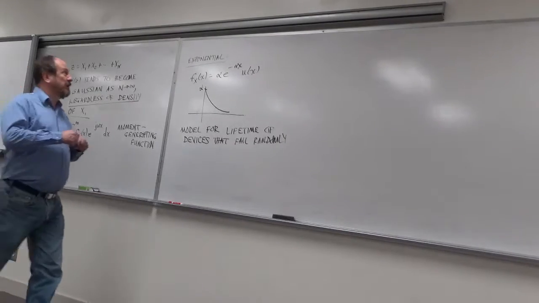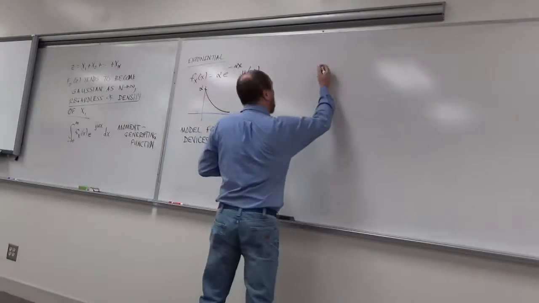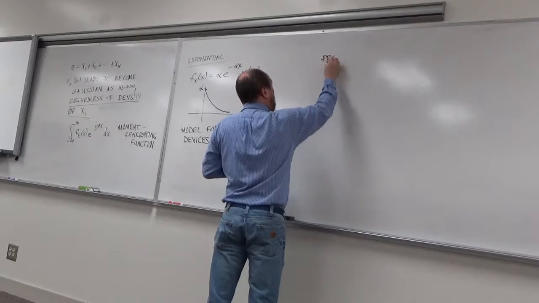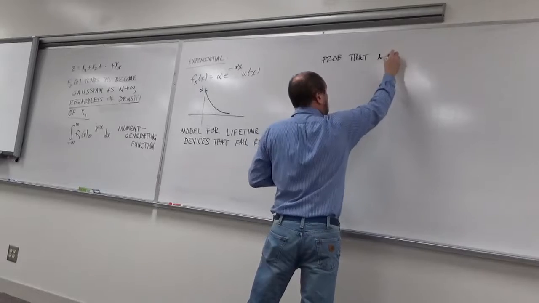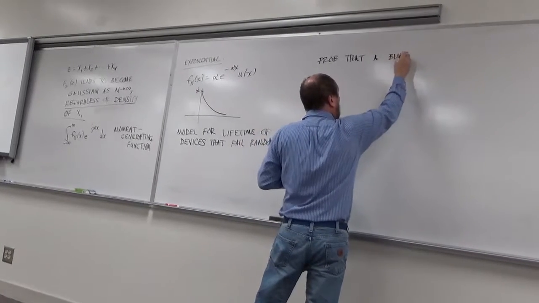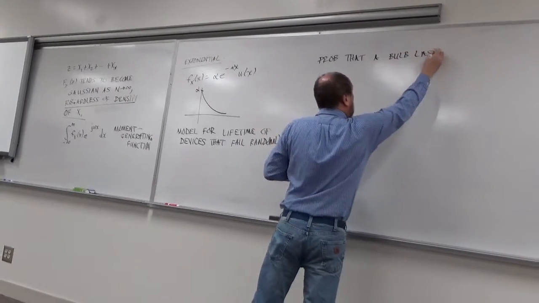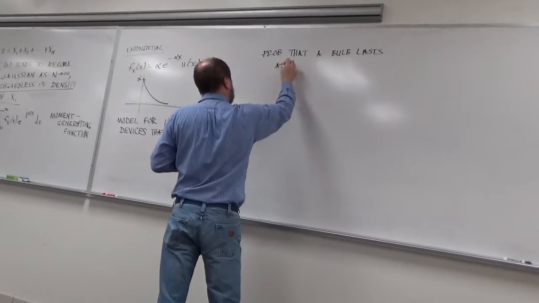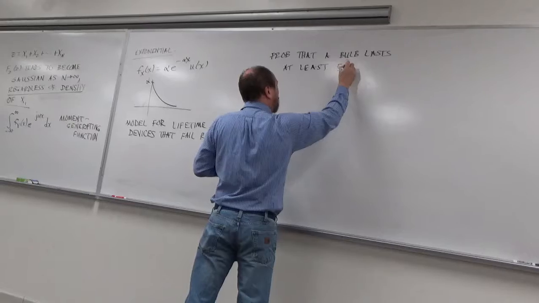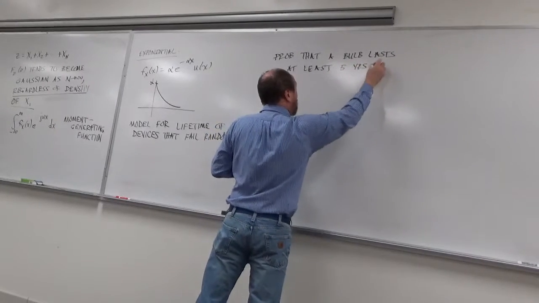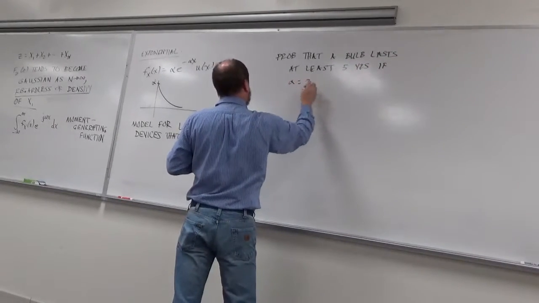So if I wanted to know what is the probability that a bulb lasts at least 5 years if, let's say, alpha is 2.